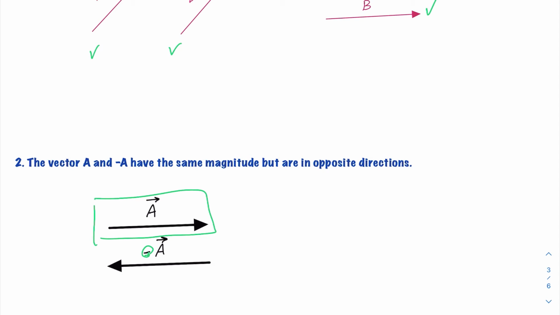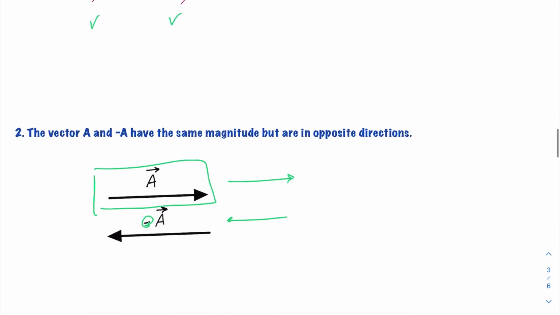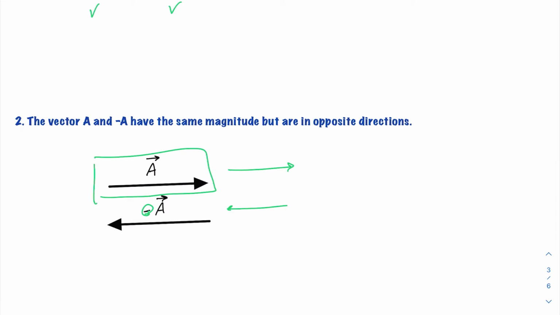If it is towards the right, when we multiply it by a negative, it will be to the left. If it is to the left, it should be to the right. If it is towards up, it should be towards down. If we multiply it by a negative, it will change the direction to the opposite side.